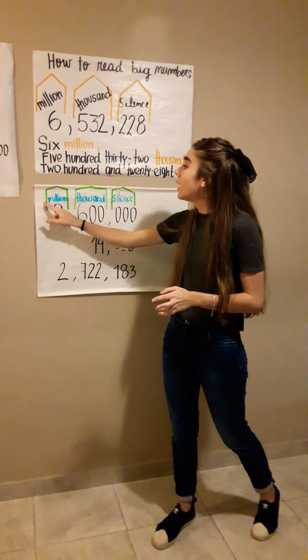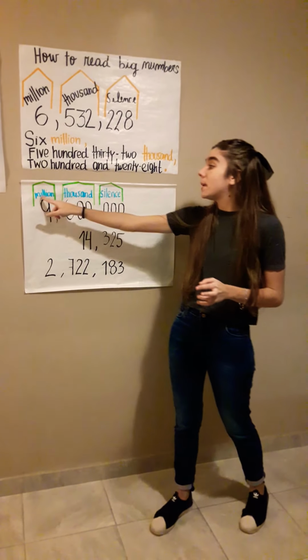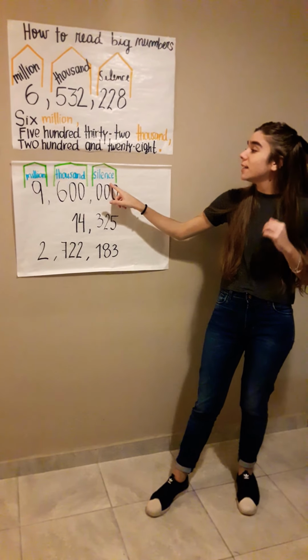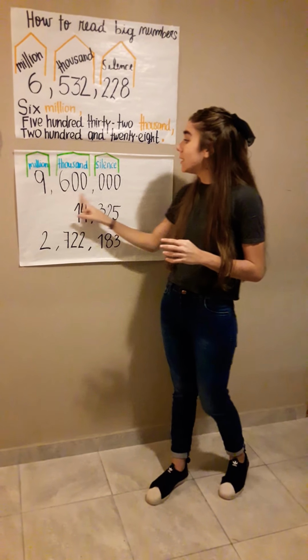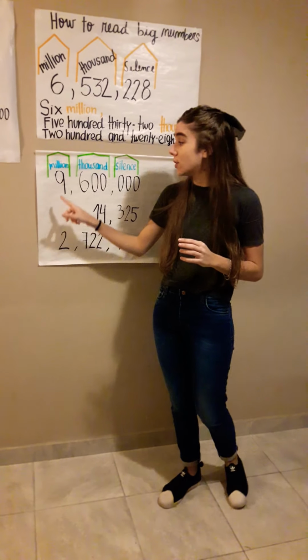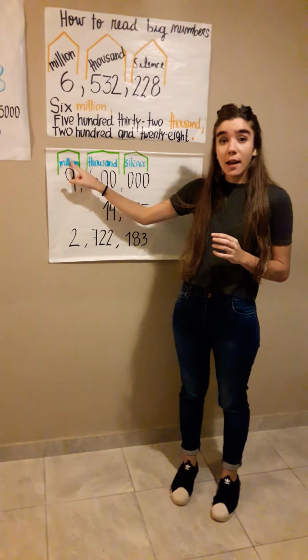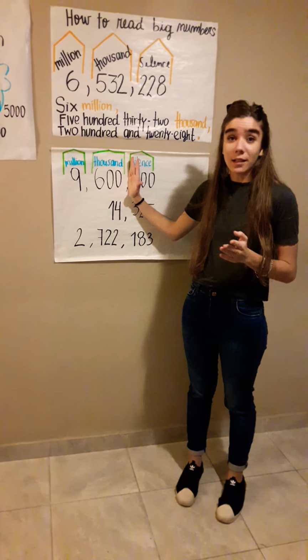And here we have our houses, yes? The million house, the 1,000 house, and the silence house. So, let's read this number. Remember, we start from the million house. So, we're going to have 9 million. Then, we need to read the 1,000 house.